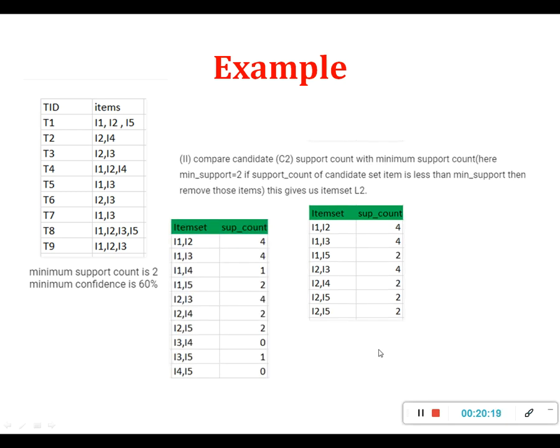So whenever we compare our candidate set C2 with the minimum support value, given as 2, we get the list 4, 4, 2, 4, 2, 2 only. According to that we have selected the items, and these are the only items in our L2 item set.